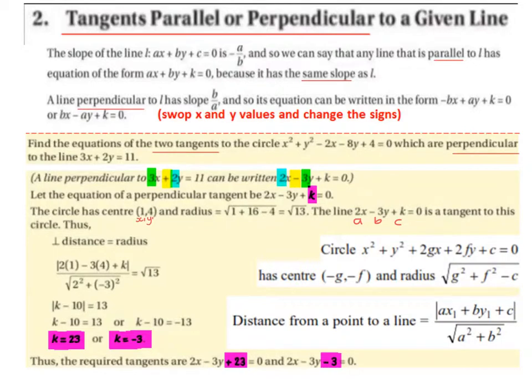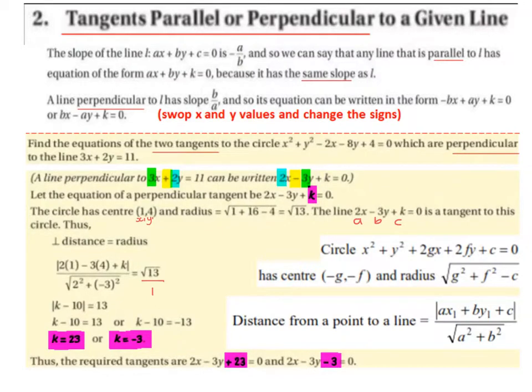Next, I'm going to do the denominator. So 2 squared is 4, minus 3 squared is 9, and 4 plus 9 is 13. So I end up with root 13 as my denominator. So what I would do at this point is let the root 13 on the right hand side of the equal sign become root 13 over 1. And I would cross multiply and solve for k.